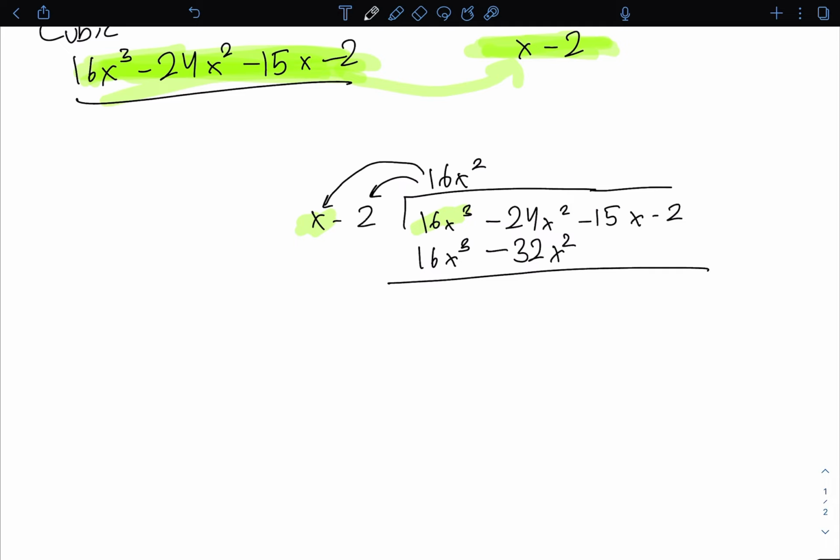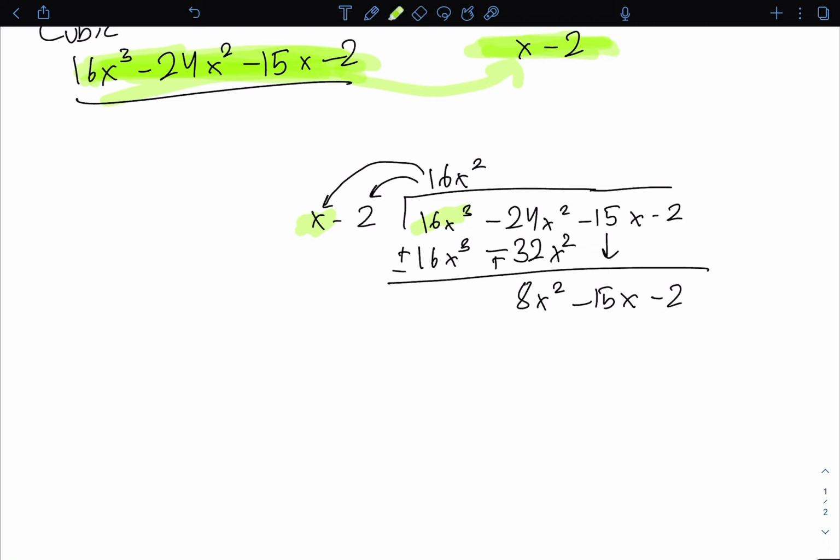So remember what we did last time? We flip the sign, so this is positive, this becomes negative, and this is negative, so it becomes positive. If you don't understand this, watch my previous video. 32 minus 24 is 8x squared, and then we move all these down without incident. Minus 2, and then we take the highest power and repeat the whole process.